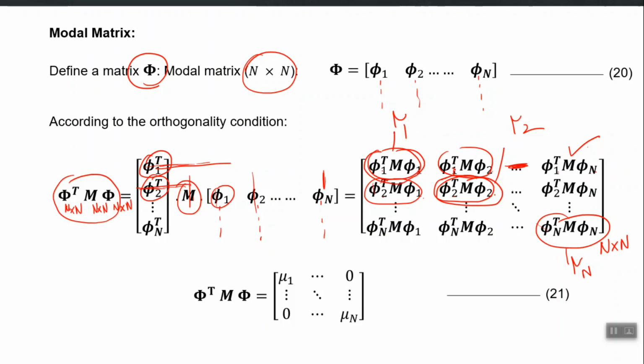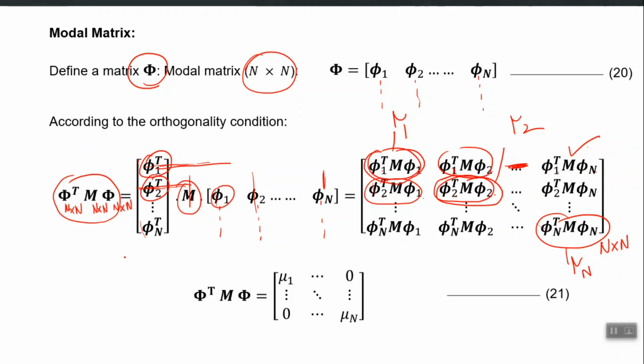Because 1 and 2 are different mode shapes appearing here, you will resultingly get a diagonal matrix with the modal masses on the diagonal and the off diagonal terms will be 0. All these are small phi's, because this matrix is actually capital phi.